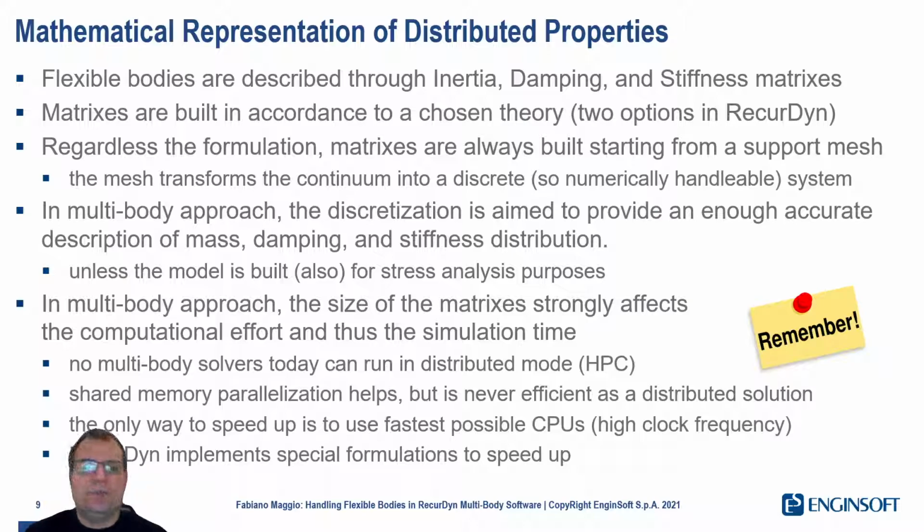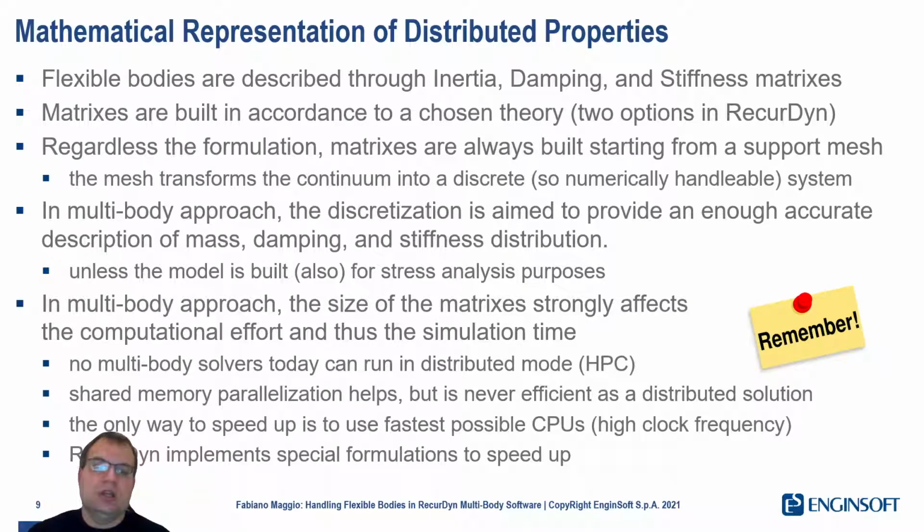What does it mean? Due to the structure of the matrices in a multi-body problem, we cannot run the solution on more CPUs than, let's say, 2, 3, 4. And these CPUs are just working in parallel, not over a piece of the problem. So parallelization is not allowed in multi-body, at least today.